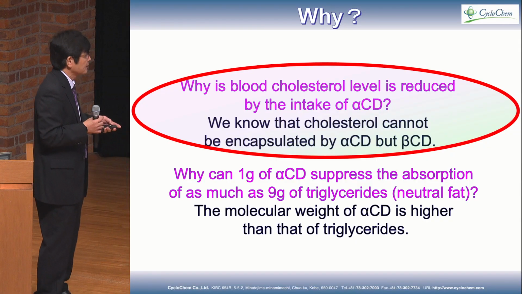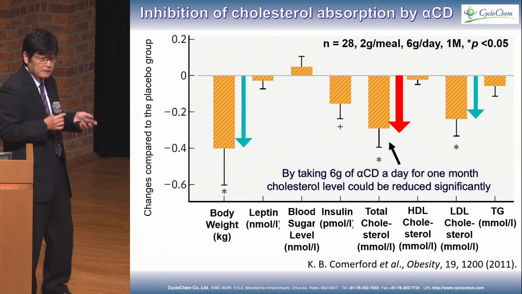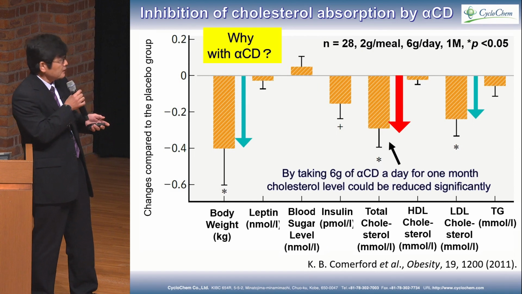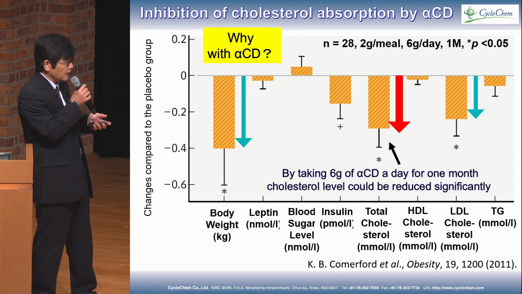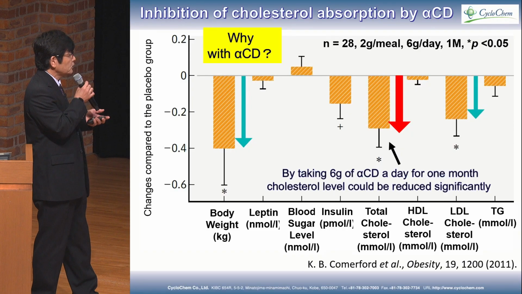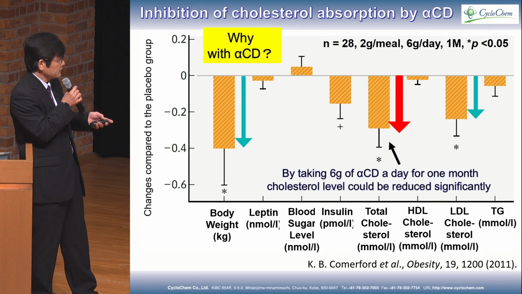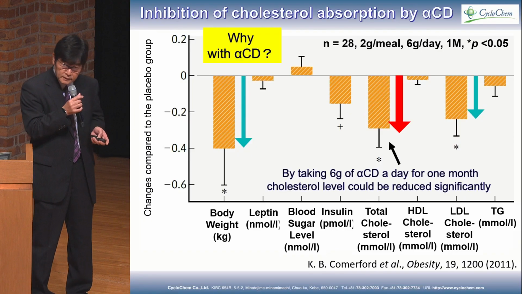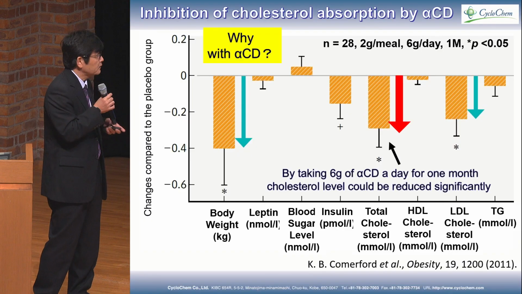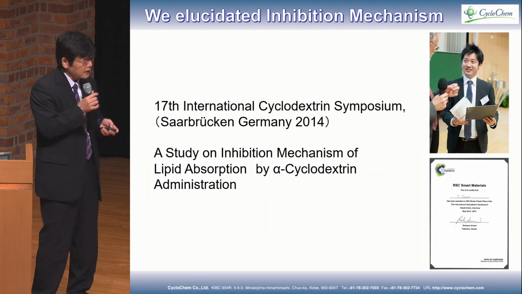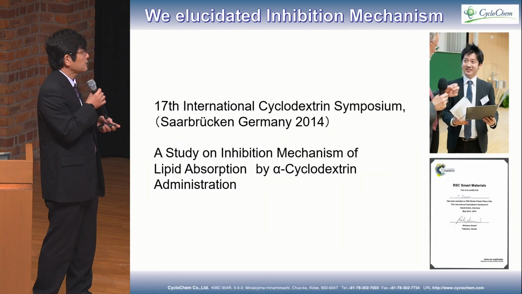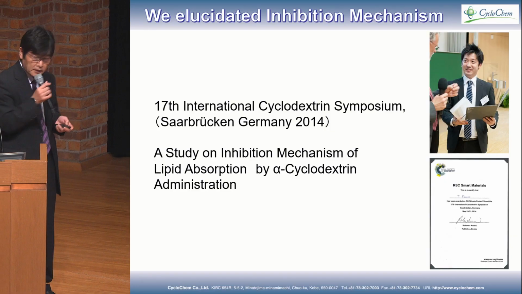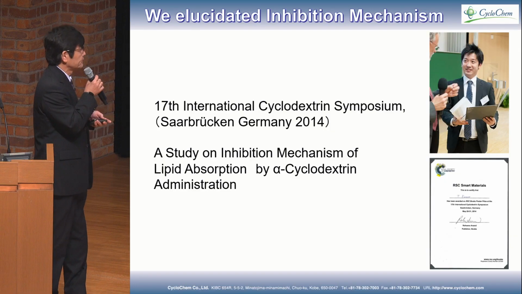But actually, in this human study, by taking 6 grams of alpha-cyclodextrin a day for a month, the cholesterol level was reduced significantly. Why is that? Then we elucidated the mechanism, reported at the 17th International Cyclodextrin Symposium held in Germany in 2014.